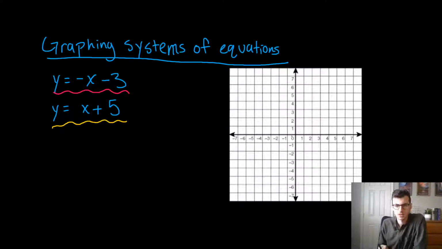So negative x minus 3, we start at the y-intercept of negative 3. Negative x is a slope of negative 1 over 1. Okay, so there's our graph. Looks something like that. Okay, what about x plus 5? Well, x plus 5 would be here, and x just has a slope of 1, so that's up 1 over 1.